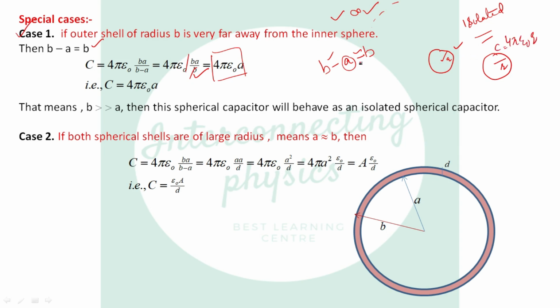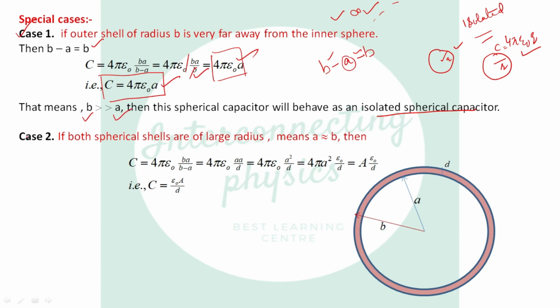So this relation is matching with that relation. So the capacitance of an isolated spherical capacitor is 4 pi epsilon naught a, and this spherical capacitor can be converted into an isolated spherical capacitor when b is very far away, that is, b is much greater than a.